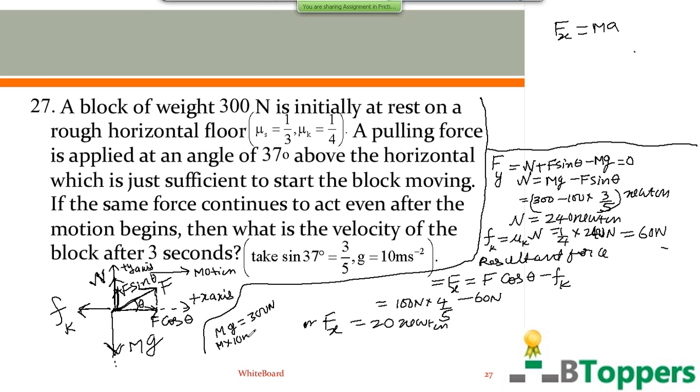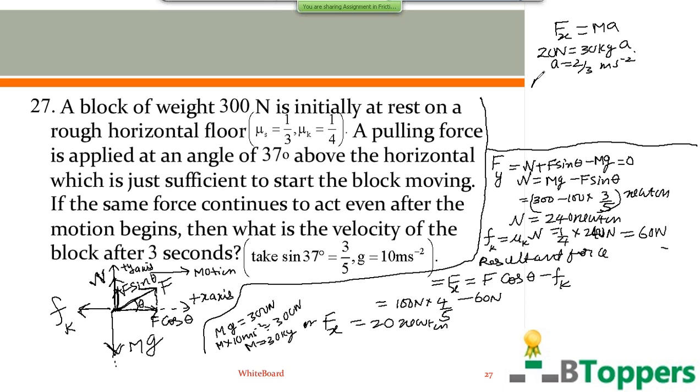If you substitute g as 10 meter per second square, on the left side you get the mass of the block as 30 kg. So the magnitude of the resultant force is equal to 20 newtons, and the mass of the block is 30 kg. Therefore, the magnitude of the acceleration of the block is 2 by 3 meter per second square.